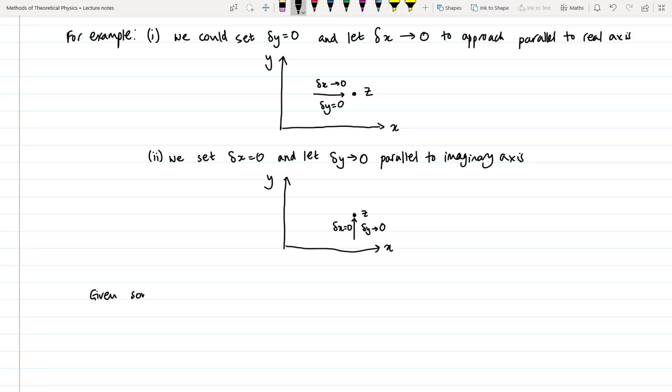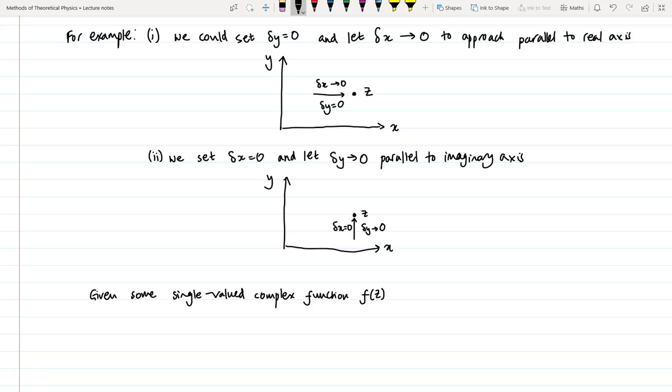Given some single-valued complex function f of z, I'll also briefly note here I've specified that the complex function should be single-valued. In topic 4, we're going to be dealing with multi-valued functions like the complex logarithm, and we'll see the consequences of that in the next topic.